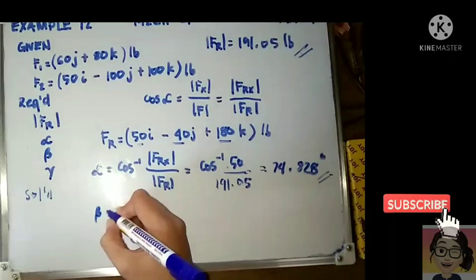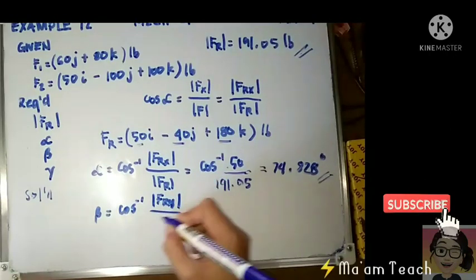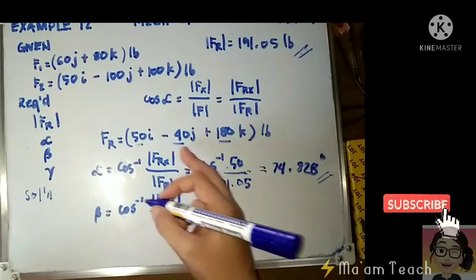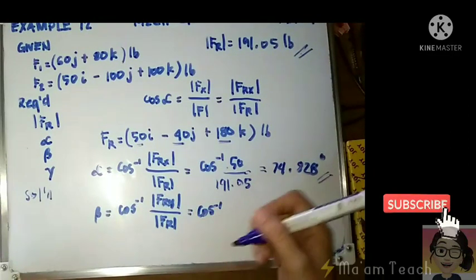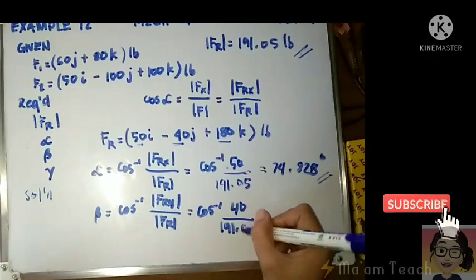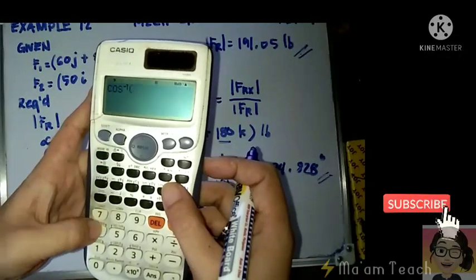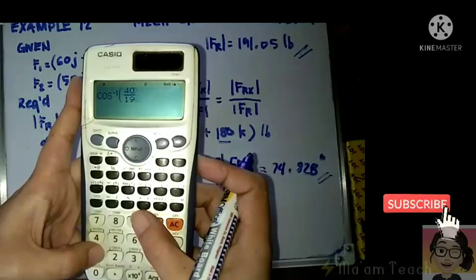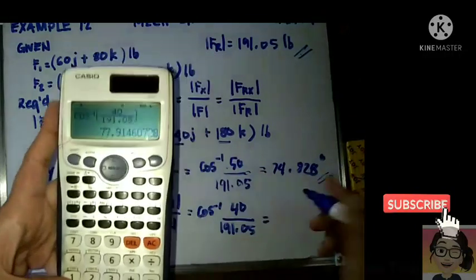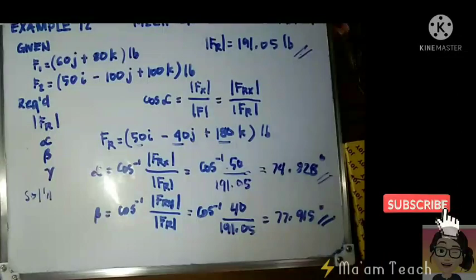For the beta, arc cosine of FRy over the magnitude: negative 40, but we take the absolute value, so positive 40, divided by 191.05. We have 77.915 degrees.